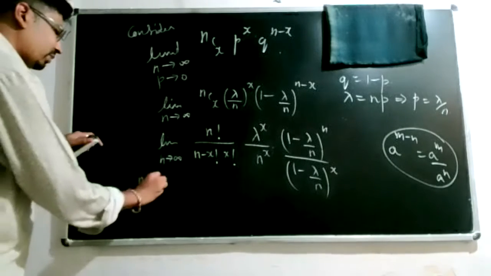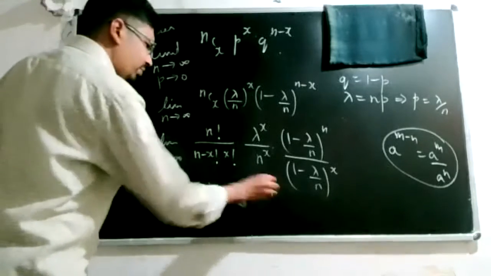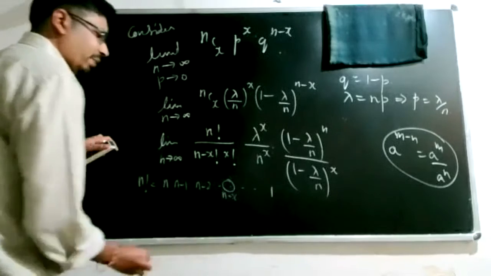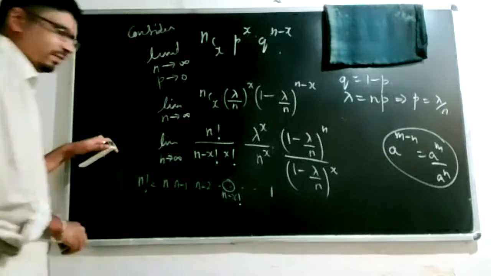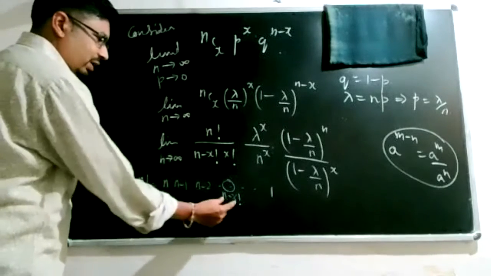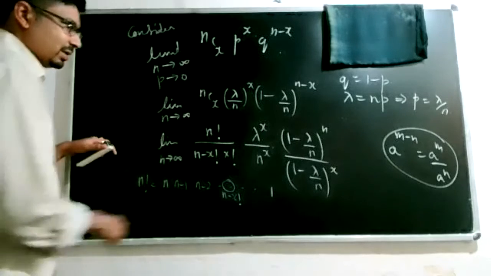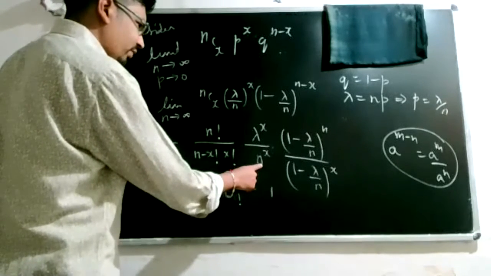So n factorial is n into n minus 1, n minus 2, and so on up to 1. Somewhere here you will definitely observe n minus x, and you can have n minus x factorial. So I'll expand this n factorial as n into n minus 1 up to n minus x plus 1, times n minus x factorial. Therefore, that n minus x factorial cancels. And then we have n power x, we have to take care of that.